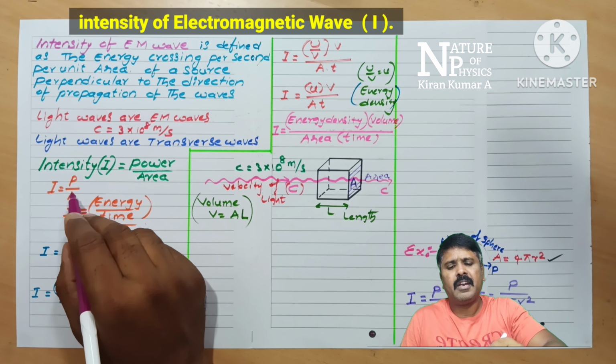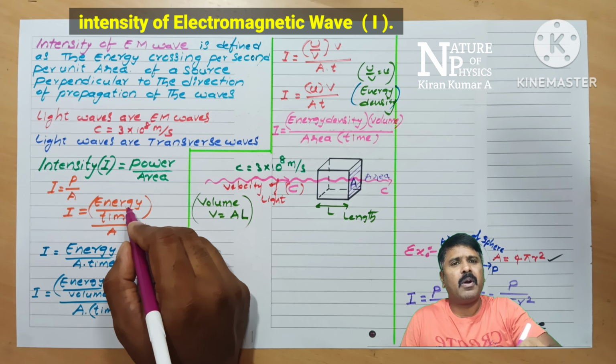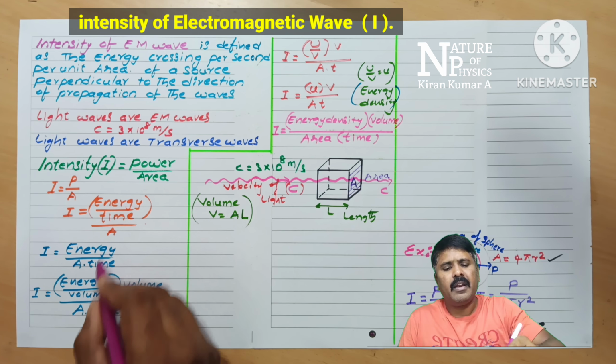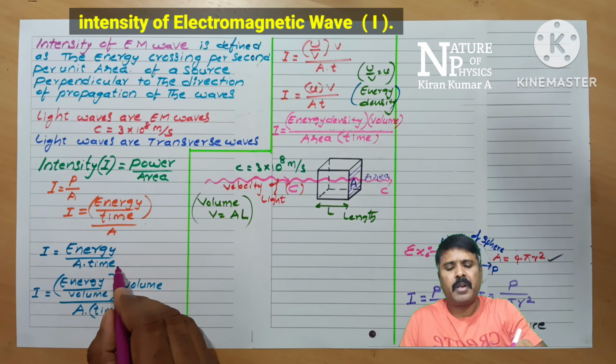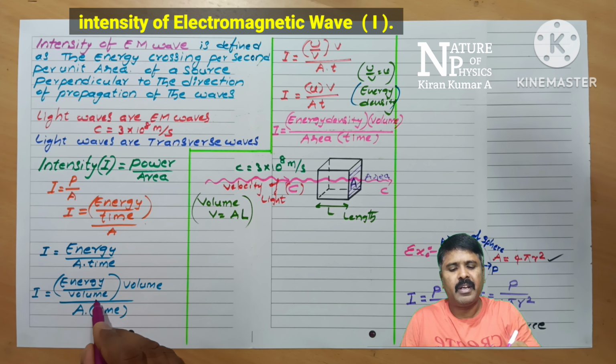Intensity I, where power is P and area is A. But power is equal to energy divided by time, so intensity is equal to energy divided by area times time. Here we multiply and divide by volume, so intensity is equal to energy divided by volume, times volume divided by A times time.